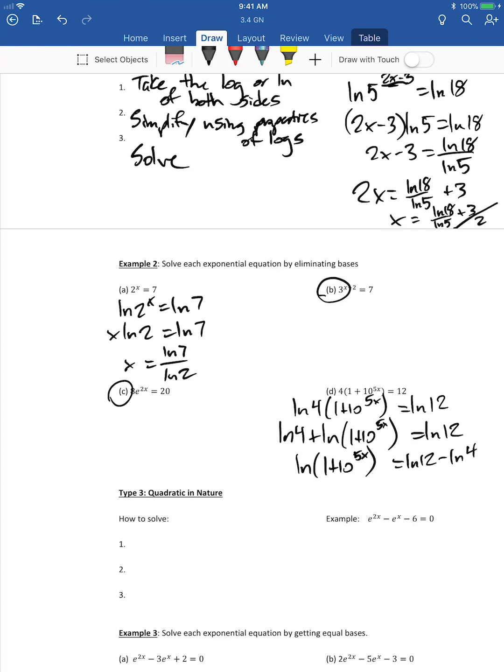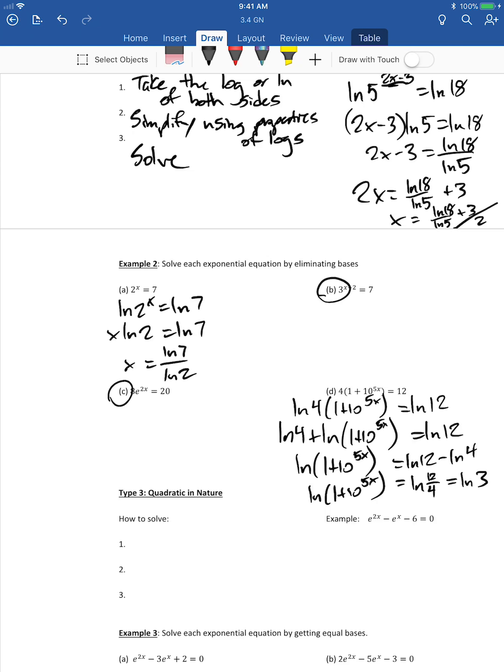And now, over here on the right, on the left I still have the natural log of 1 plus 10 to the 5x power. On the right I have the natural log of 12 minus the natural log of 4. Subtracting, that means I can turn this into a division problem. So that's the natural log of 3.